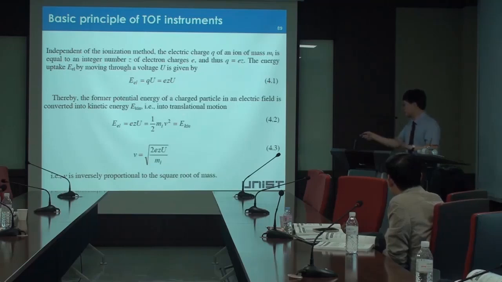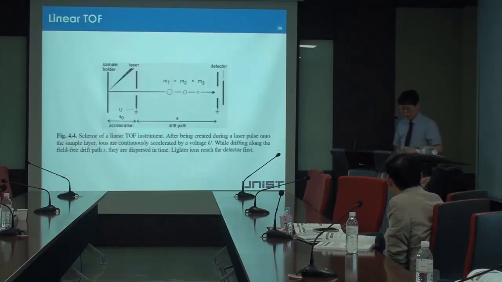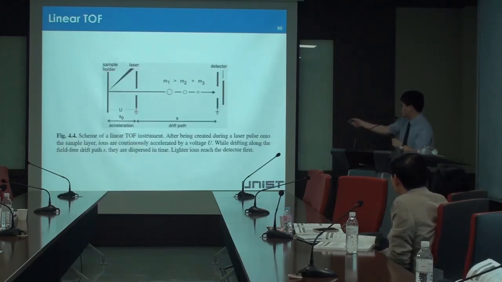Okay? And then the moving speed can be changed. This is the principle of time of flight. Flight means that in a vacuum system, the ion flies. So this is a linear type. You push the ion and then it goes this way. Smaller molecules go faster, larger molecules go slowly.